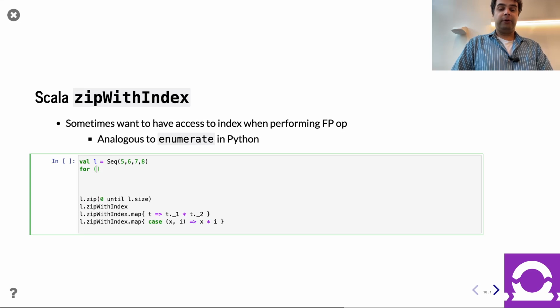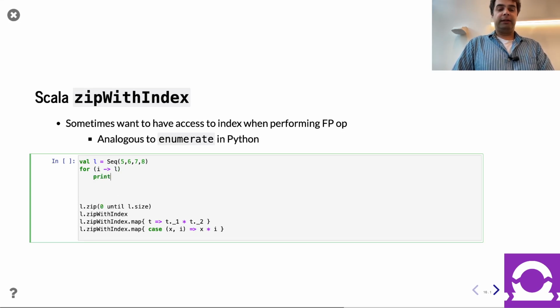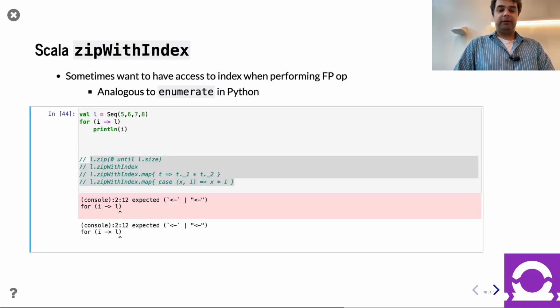You could say, for i in L, that's perfectly valid. In Scala, actually, I believe you use the arrow, right? You could do something like println i, right? This should work. Fingers crossed. Did I get my arrows backwards?